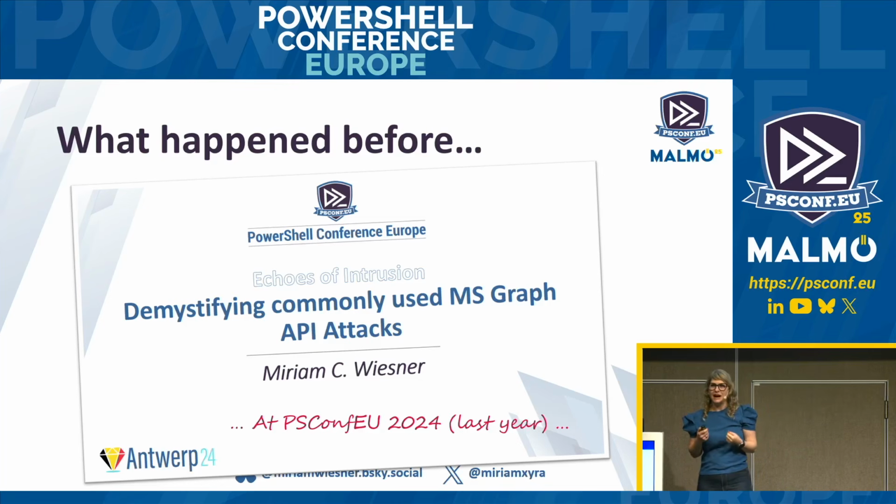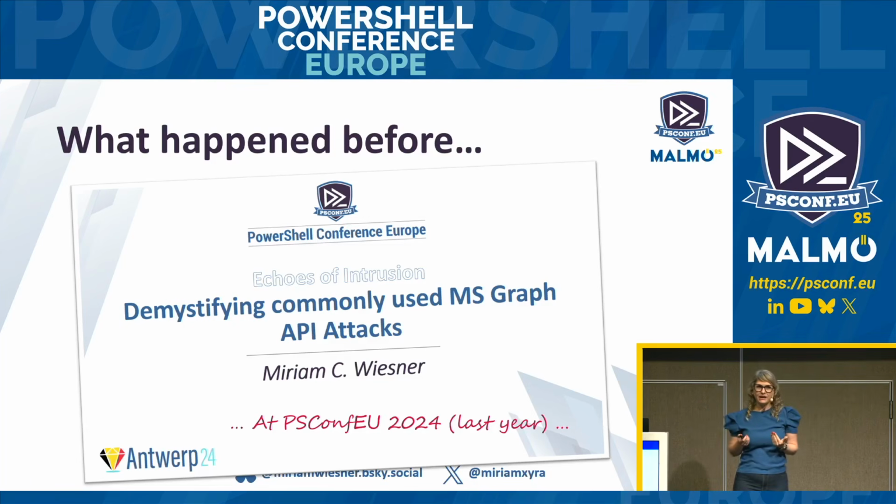So basically last year, I did a session on a real-world attack where attackers are abusing Microsoft Graph APIs to extract information and extract emails, starting with a password spraying attack. Back then, when the original attack happened, there was no MFA present.